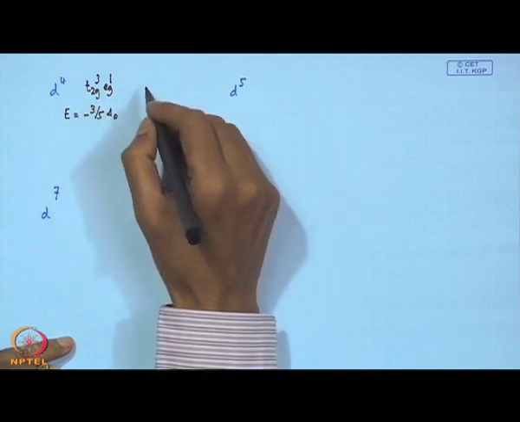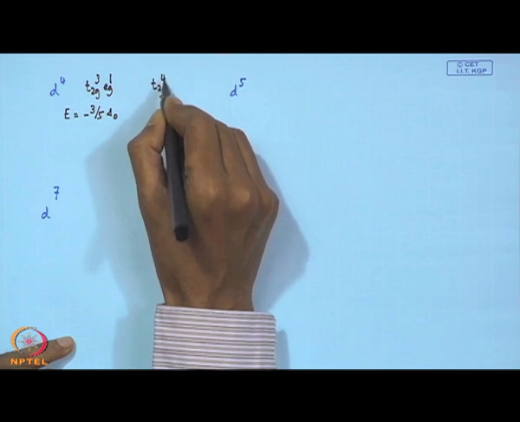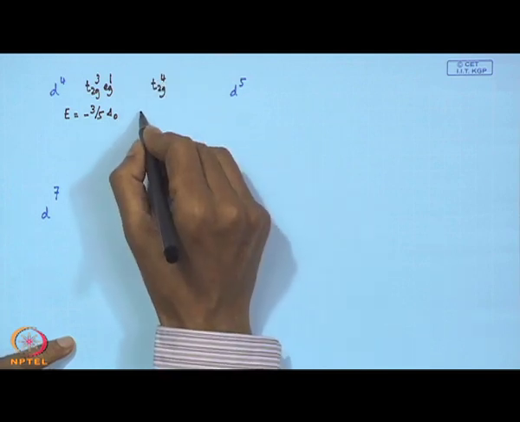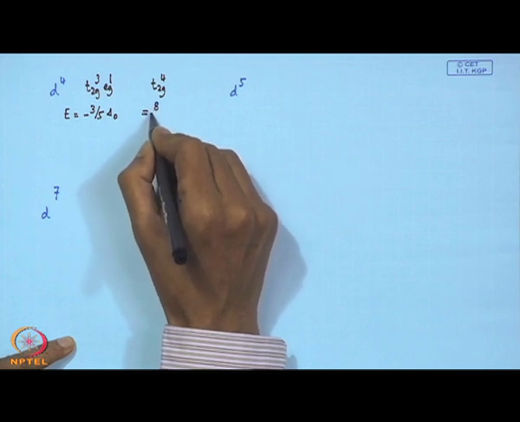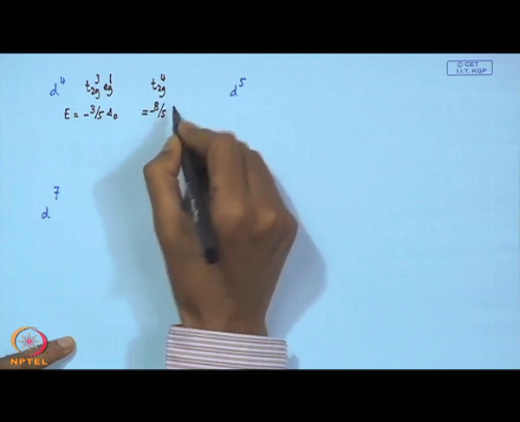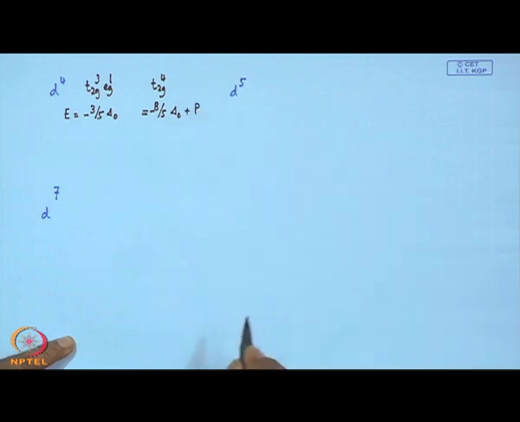This is for high spin, and for low spin we have T2G4 and E is equal to minus 8/5 delta O plus P.